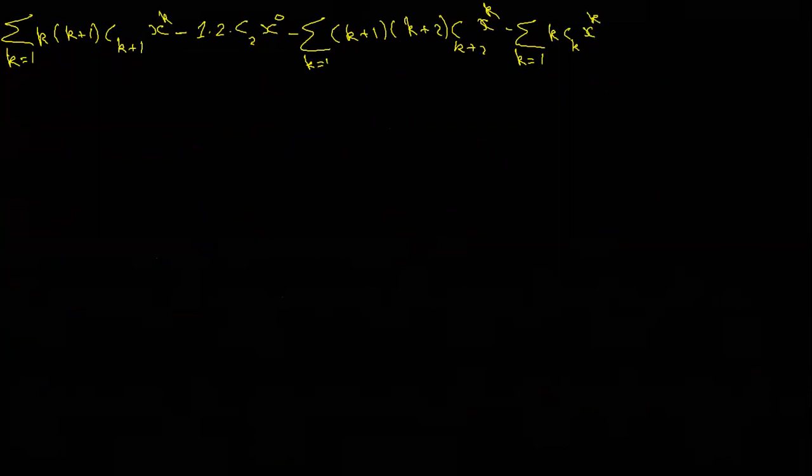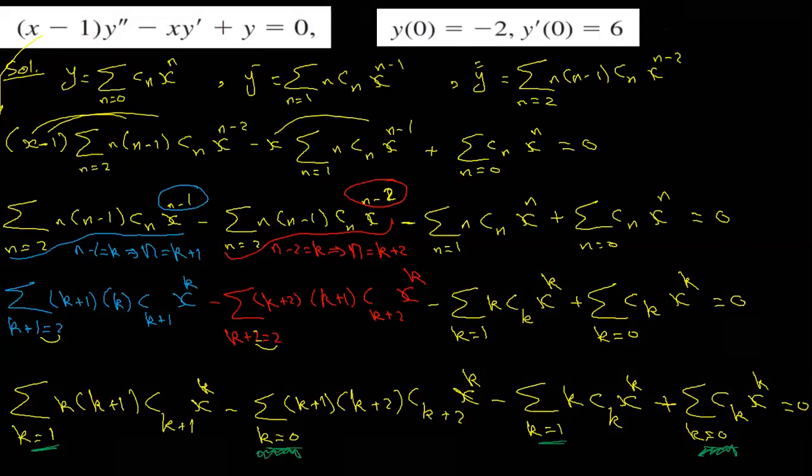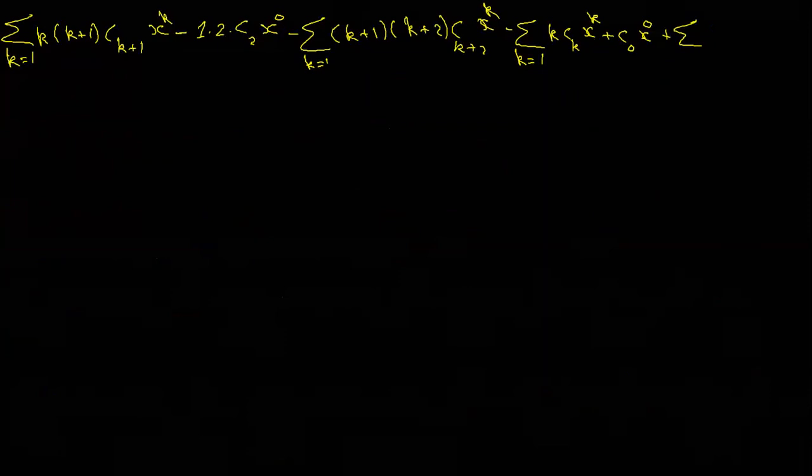The last one, I need to expand the first term, so it will be C0, x to the 0, plus summation of ck x to the k, starting from 1. All my summations now start from number 1.